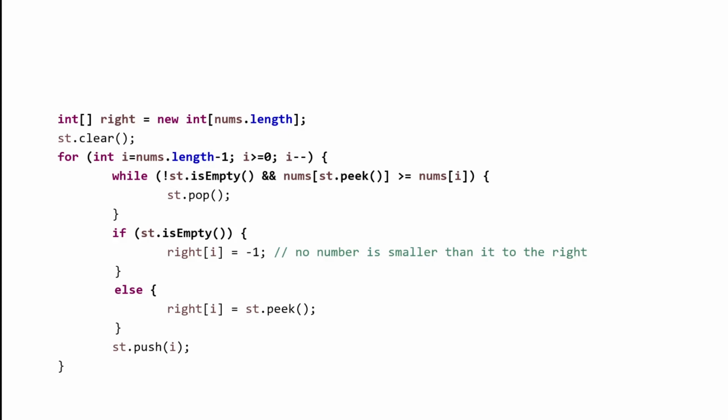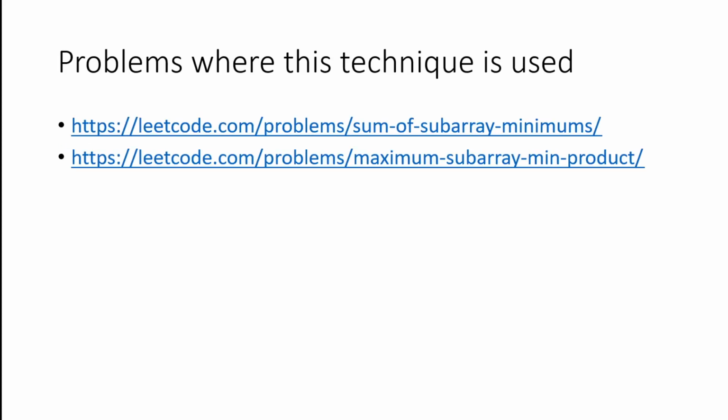And of course, you could easily reverse this logic by just changing the greater than equals to a less than equals, something like that, if you want to keep track of the first greater index. And of course, push in your current index. It's just the same logic, but starting from the right.